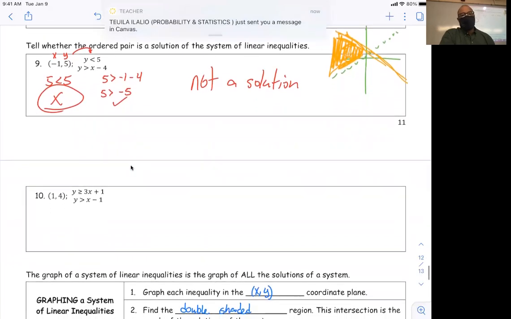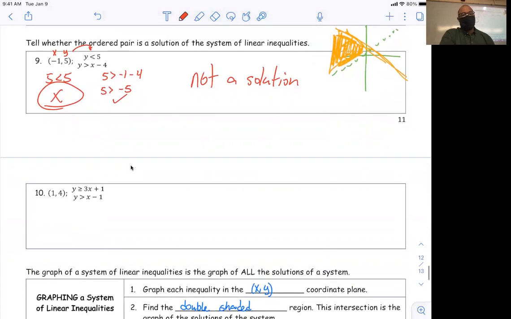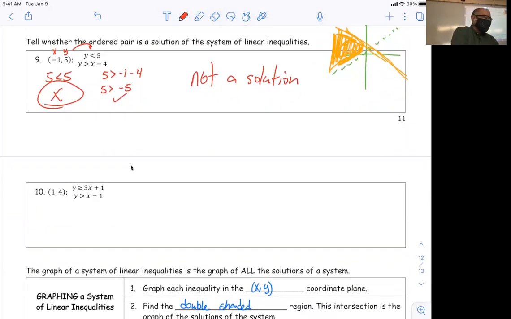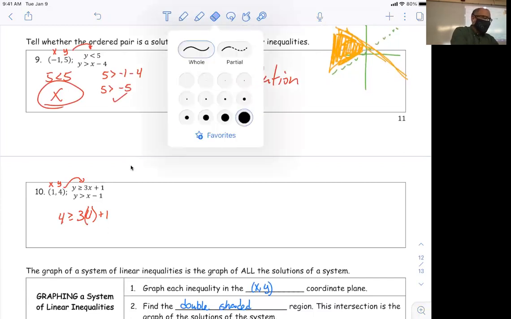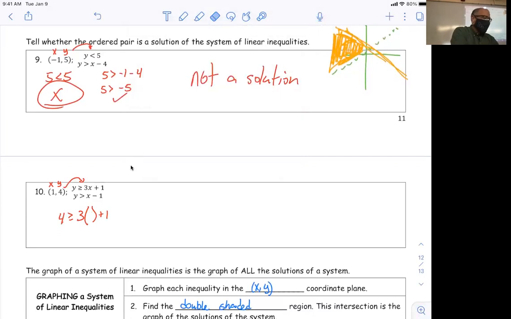I think we can still keep number 9 in the picture, but we're going to move on to number 10. Number 10, again, we're going to see if 1, 4 is a solution to this system of equations. So we're going to have 4 is greater than 3 times 1 plus 1. That looks horrible, so we'll try it again. 3 times 1 plus 1 is 4, so 4 is greater than or equal to 4. Is that a true statement? Sorry, I put the bar underneath there.